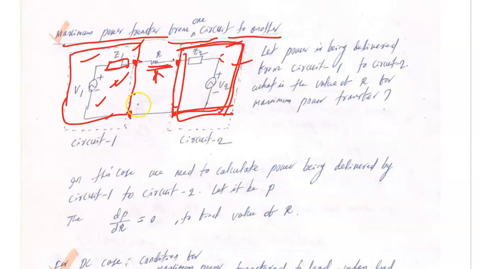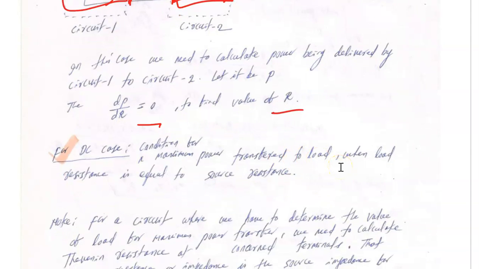Obviously this will be a function of R, so differentiate with respect to R, then equate to 0 to find the value of R. Just go through these calculations and you will find the value of R. We'll discuss questions which appeared in GATE from this concept later on, in a separate video of GATE question discussions for the network theorems.